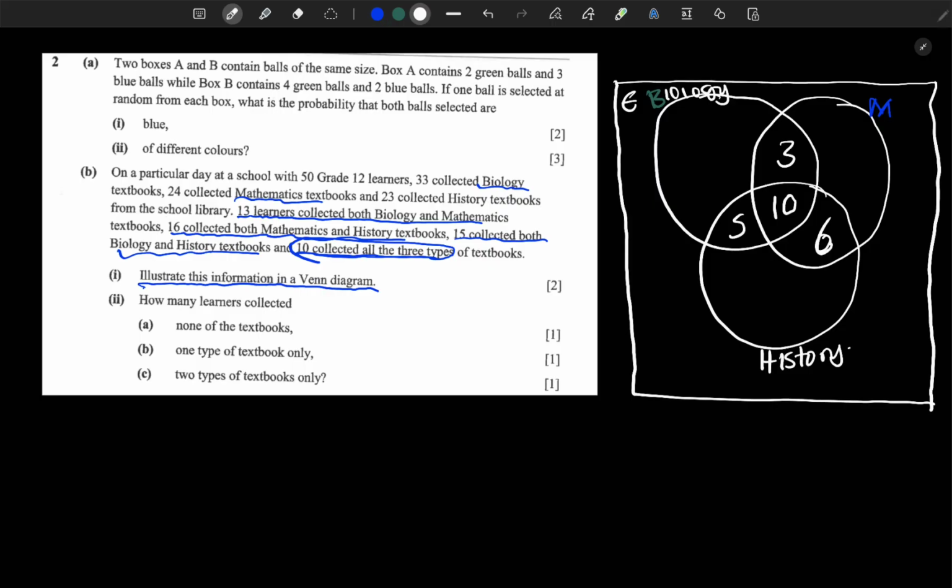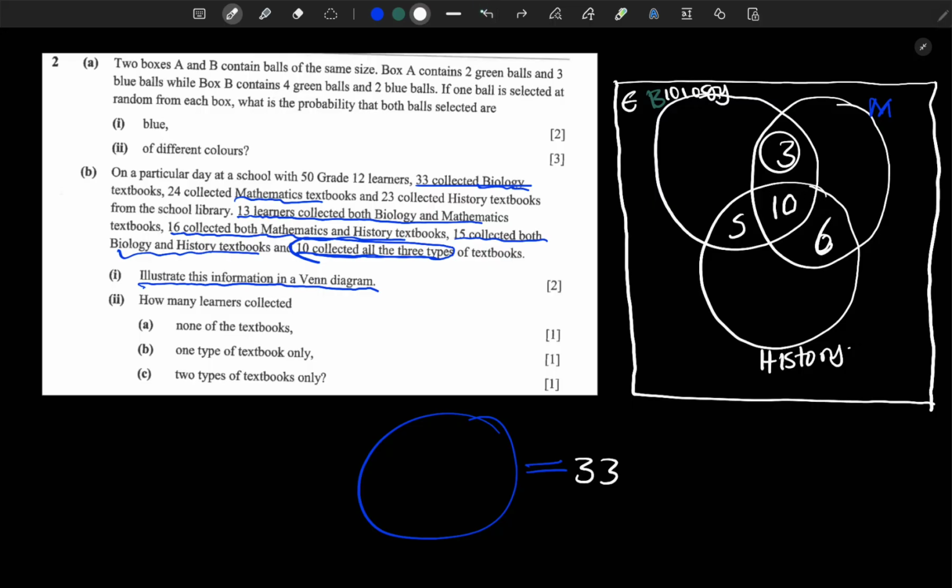Then we can now go back to the statement. We have 33 collected biology textbook, which simply means that from biology here, the total is equal to 33. Now from biology, we can see that 3 is part of biology, 10 is part of biology, 5 is part of biology. So there is a number here that if we add all four numbers, it must add up to 33.